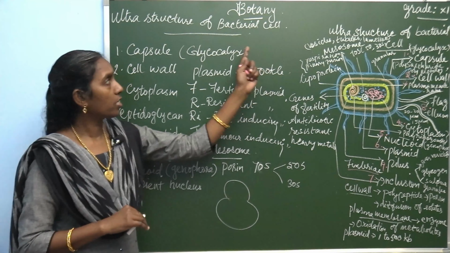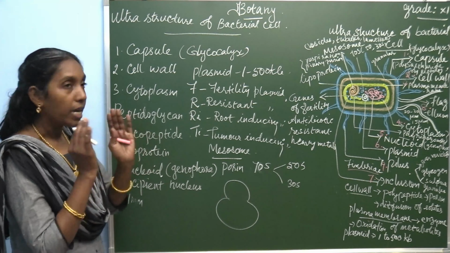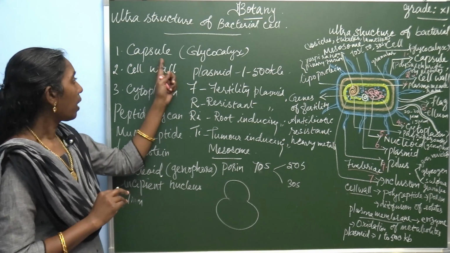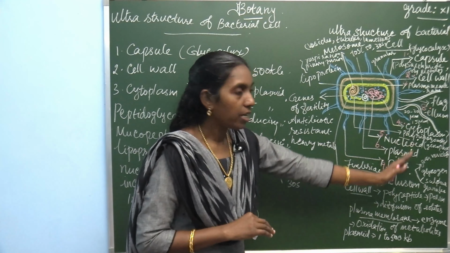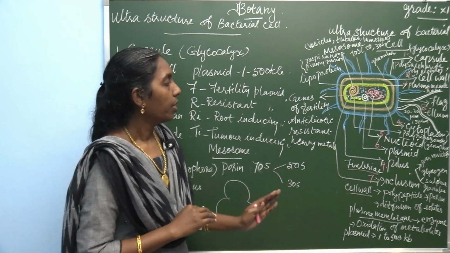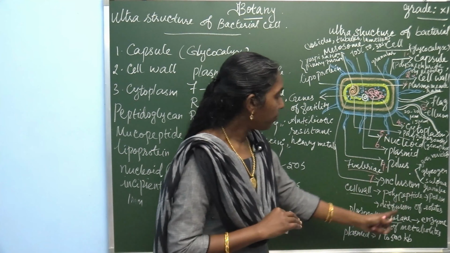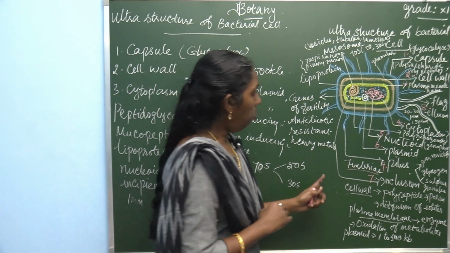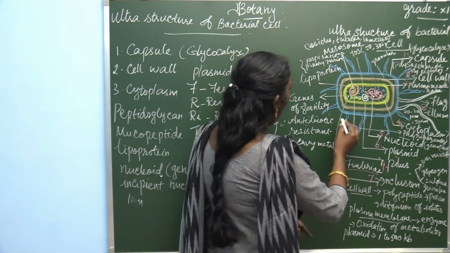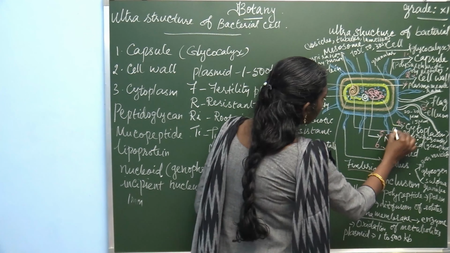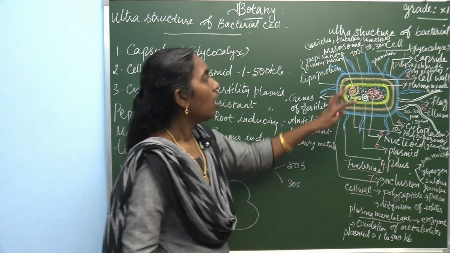So what is the ultrastructure of a bacterial cell? Mainly it reveals three layers: capsule, cell wall and cytoplasm, but it contains many different regions, so explain it in 10 different parts. The last part you explain as ribosome, polyribosome.